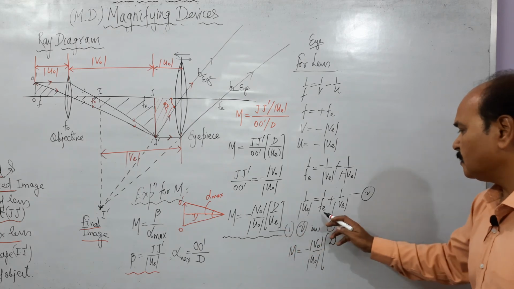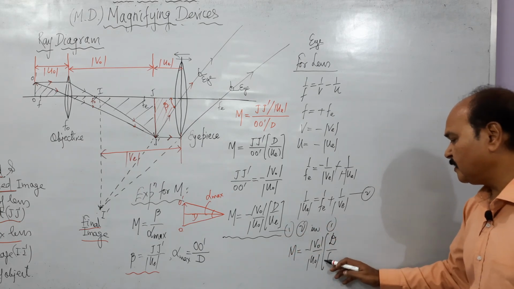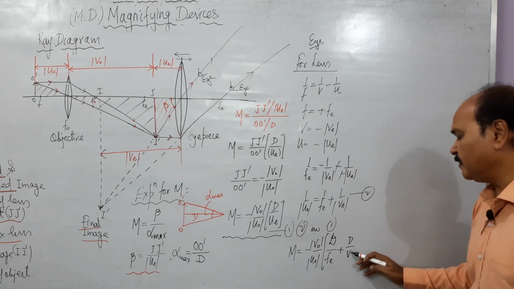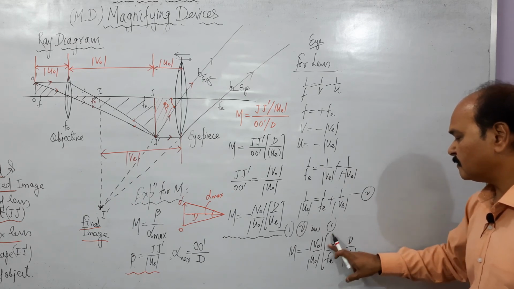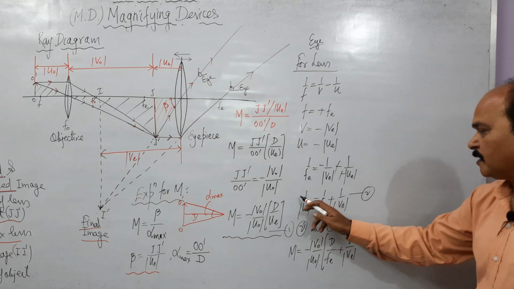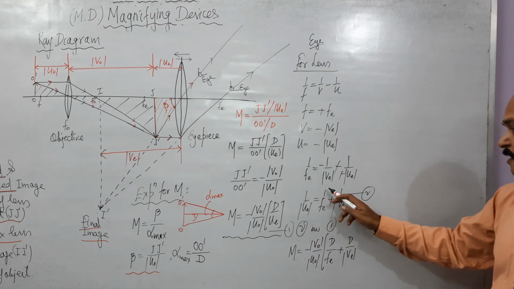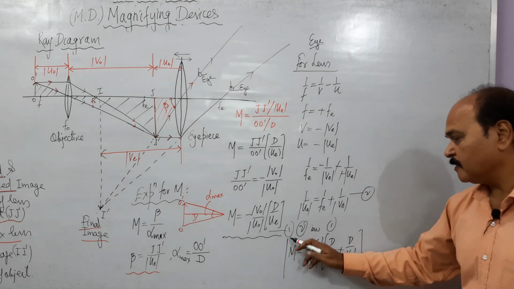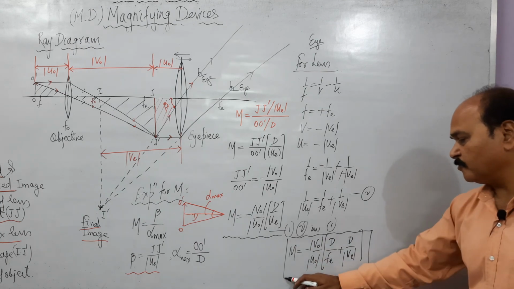And what is 1 upon ue? 1 upon fe plus 1 upon ve. So D upon ue is, just multiply both sides by D, D upon fe plus D upon ve. So this is the expression for M due to a compound microscope.